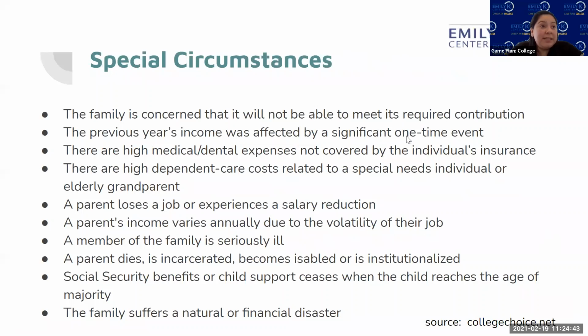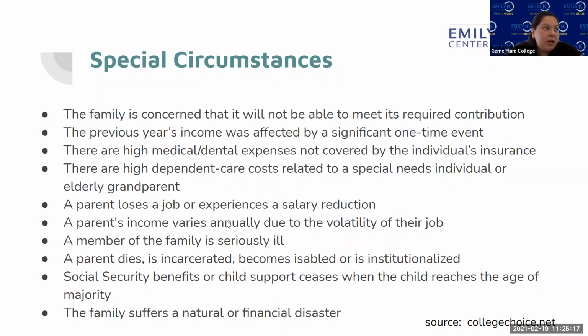So special circumstances that qualify, that's if you feel like you cannot meet that financial contribution that they're asking for. If your previous year's income changed drastically, so COVID has affected a lot of people. It could be that a parent lost a job, or got laid off, or got in an accident and had high medical or dental expenses that's not covered by insurance, or even high dependent care costs, taking care of an elder, for example, or a special needs individual.